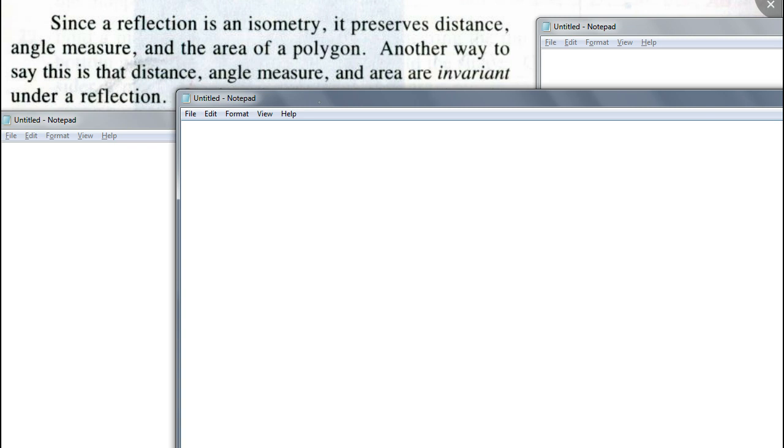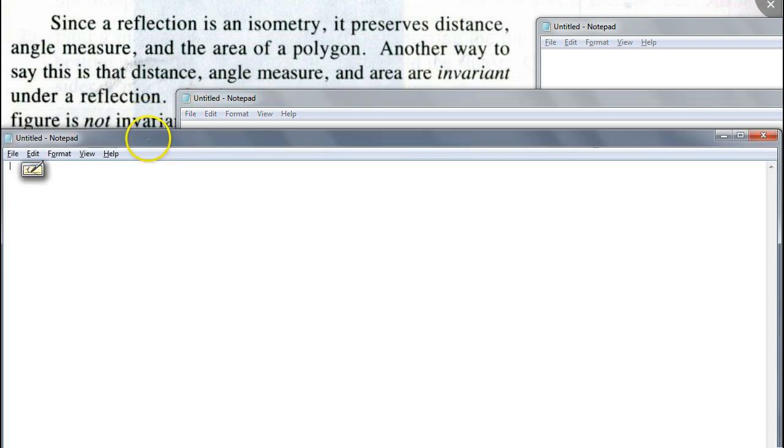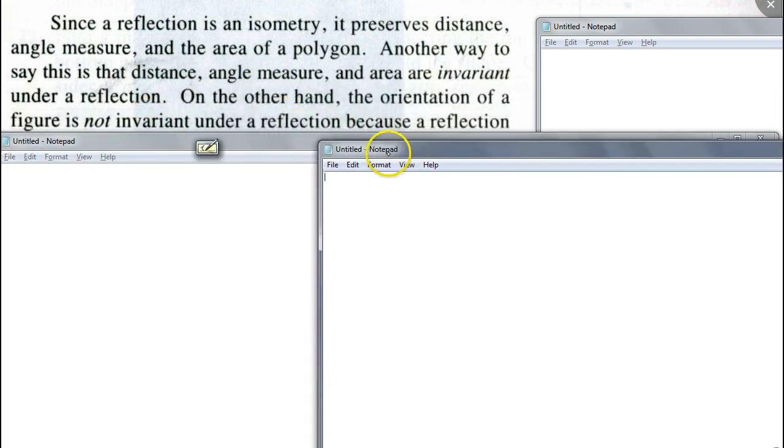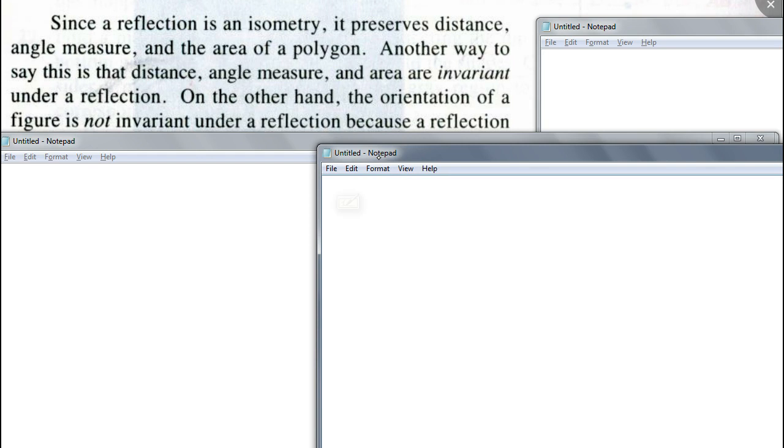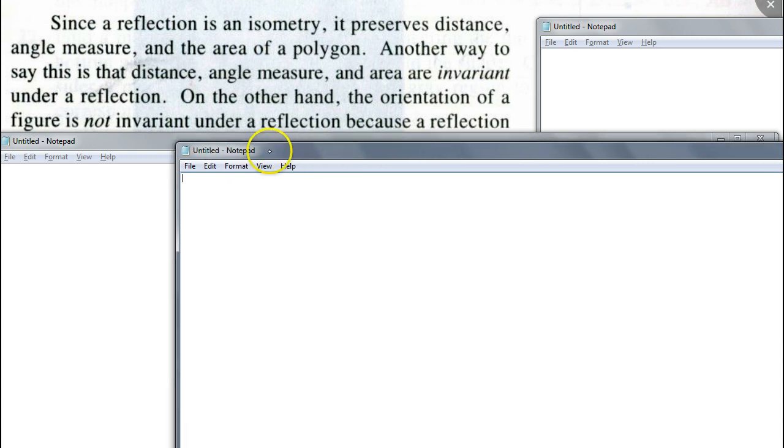So this is great that it's an isometry. On the other hand, the orientation of a figure is not invariant under reflection, meaning it changes. Because of backwards? Yeah, exactly.